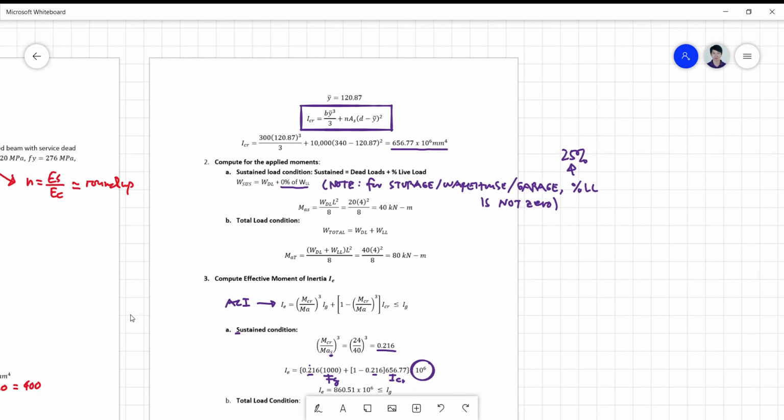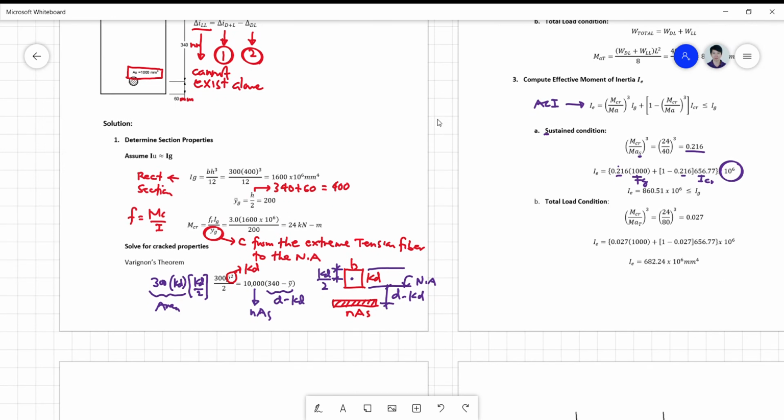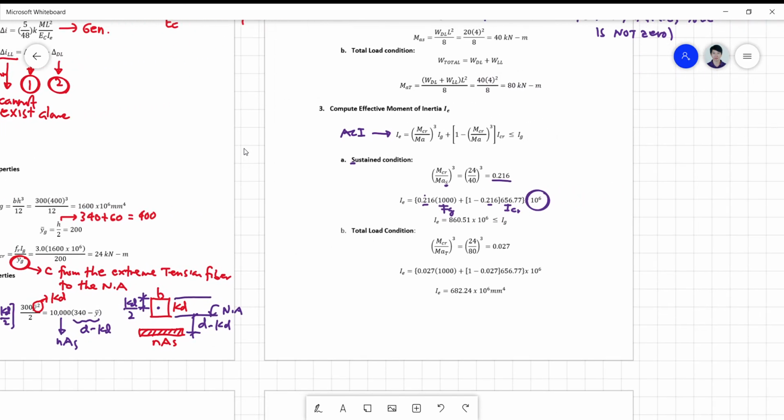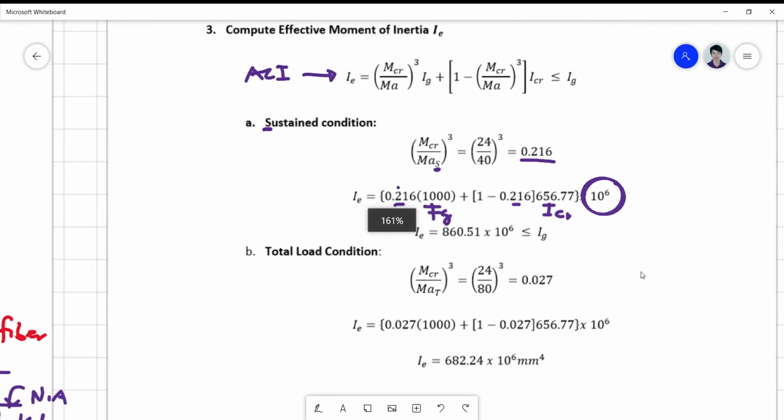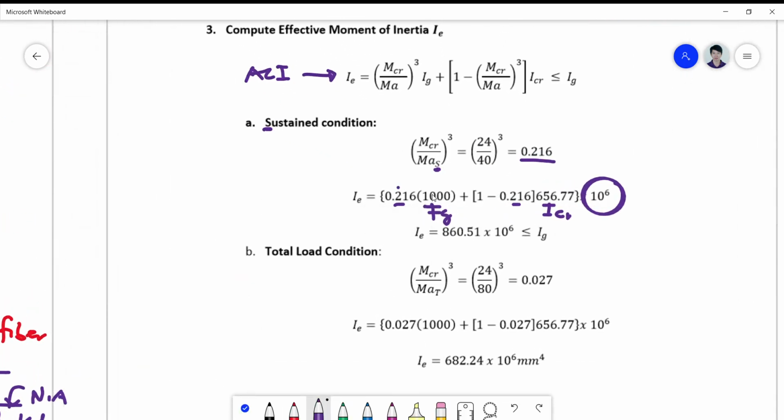Okay, so let's check IG and ICR. ICR is 656.77 and IG is 16 times 10 to the 6. Okay, so there's an error here on IG. This is not 1000, but this is 1600. So let's recompute this and check whether it's equivalent to 860.51. I think there's just a typographical issue there.